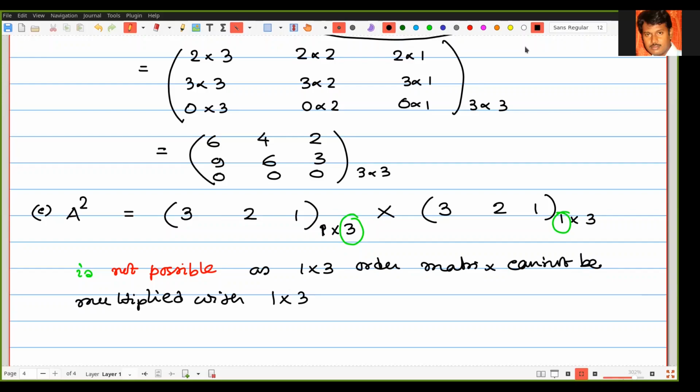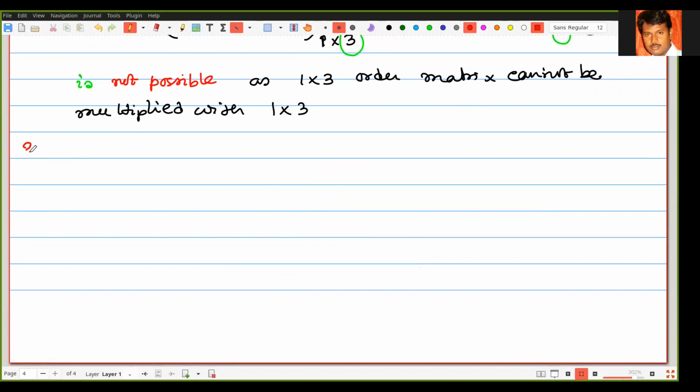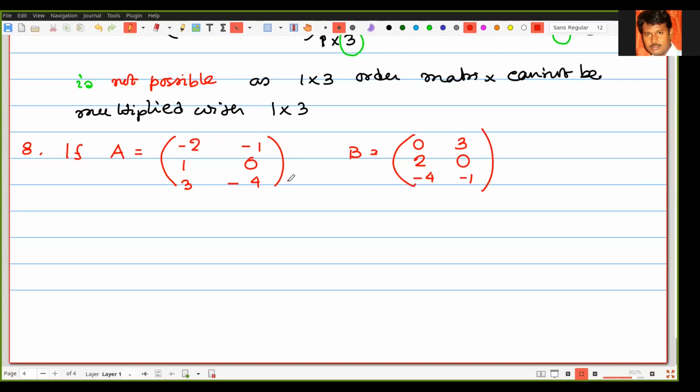The next problem is question number 8. Matrix A has been given as [-2, -1; 1, 0; 3, -4], and matrix B has been given as [0, 3; 2, 0; -4, -1], that means both are of order 3 rows, 2 columns, the same order.